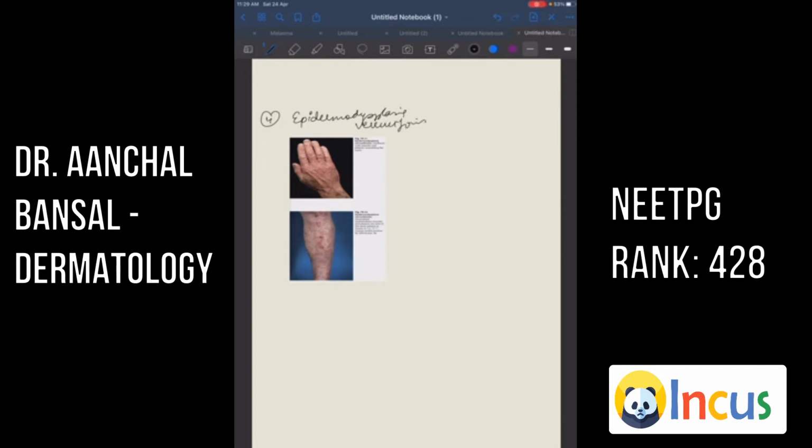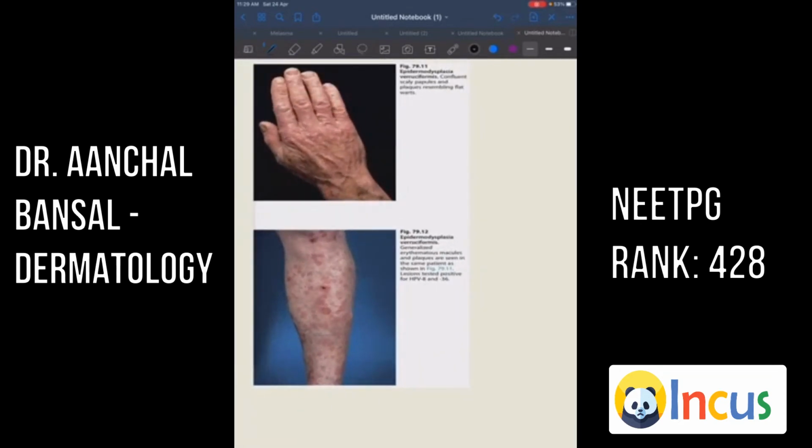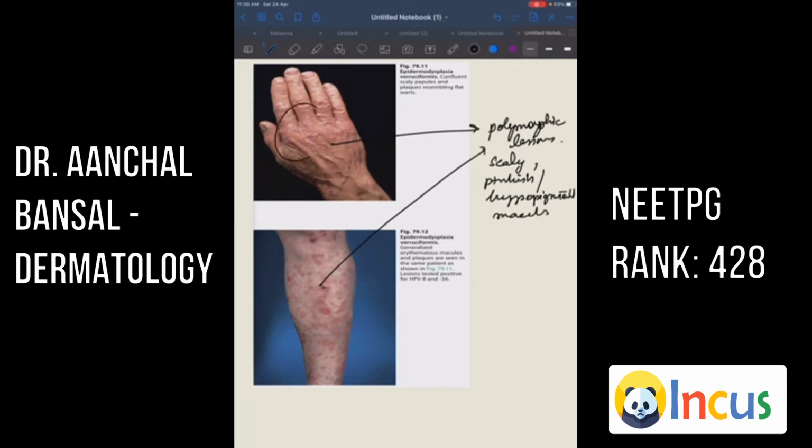As we can see in this picture, these are generally polymorphic lesions; we can't classify whether they will form papule, macule or plaque. These are polymorphic lesions which can be discrete or confluent, generally scaly, pinkish or hypopigmented macules, as you can see in this picture, which might resemble pityriasis versicolor.